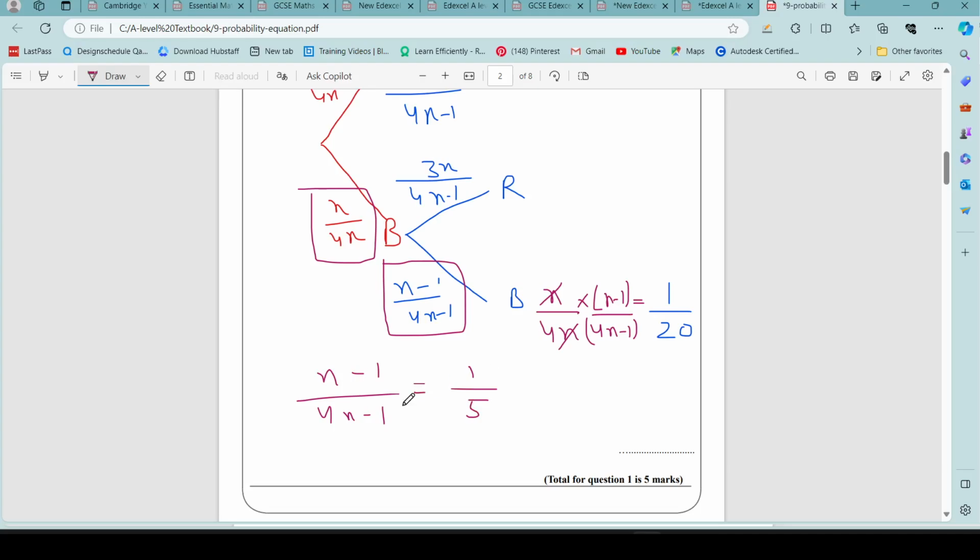Now do cross multiplication: 5x minus 5 equals 4x minus 1. 4x coming on this side, 5x minus 4x is x. Minus 5 going that side, 5 minus 1 is 4. So x equals 4.